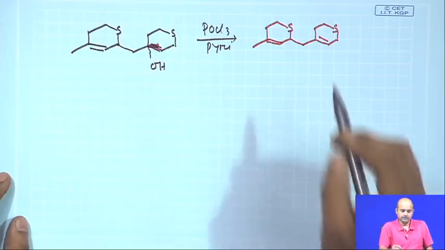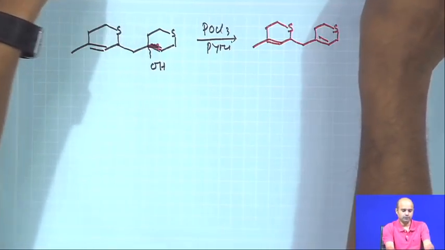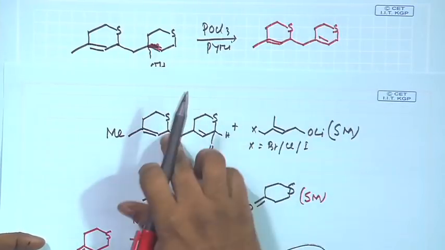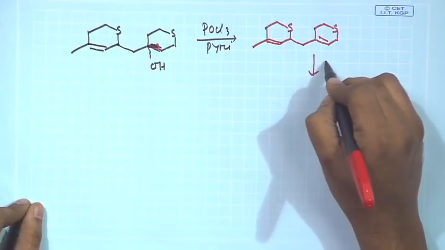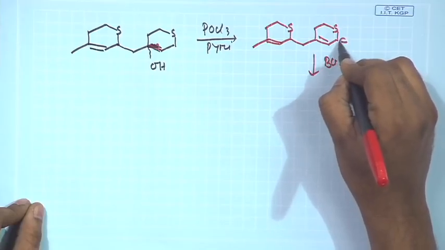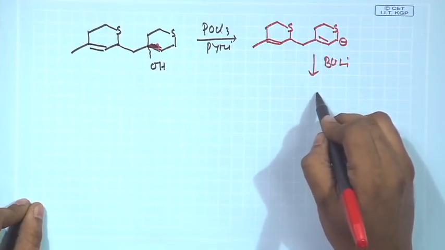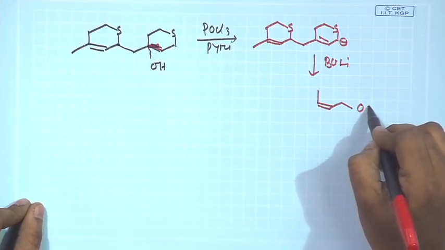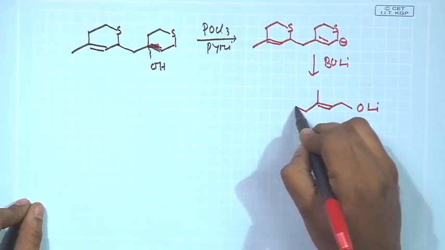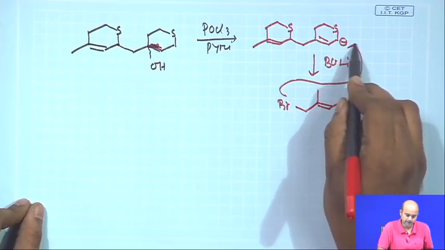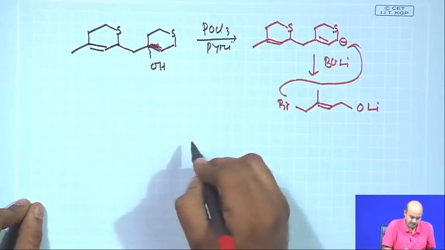So, this is the compound which was shown as one of the intermediates here, the same compound. Now, this compound again you can treat with base, butyl lithium, it will generate this carbanion here, and here you react with this, as I said, called O lithium and this CH2Br as an electrophile. So, this will attack here, and then what will we get?